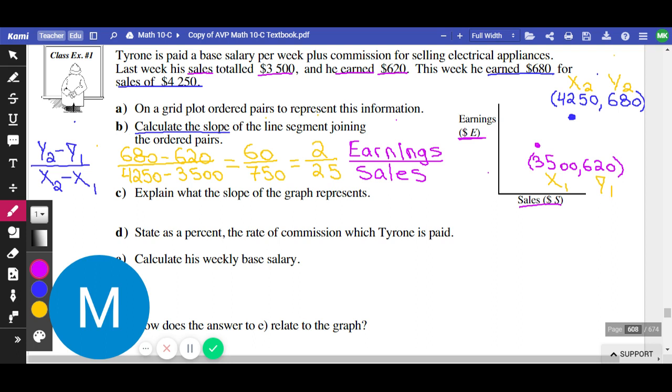So you're going to go 2 divided by 25, which is going to be 0.08. And then you're going to change that into a percentage by timesing by 100. And you get that Tyrone is making 8% commission. That's what that would represent. 8% commission is actually pretty good, I think. Yes, depends what you're selling. It could be really bad.